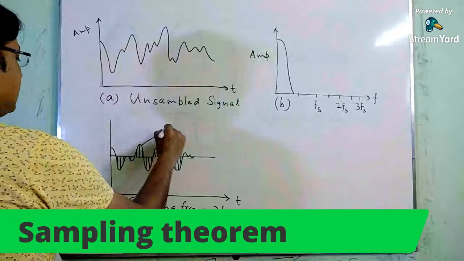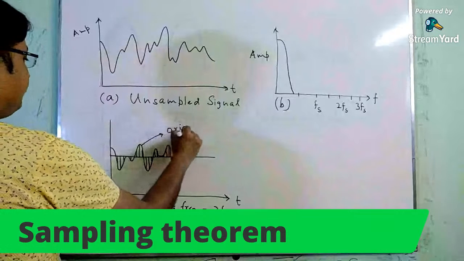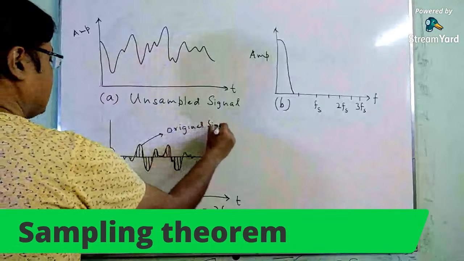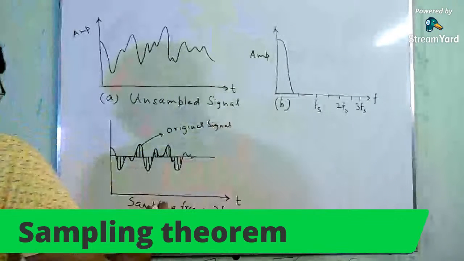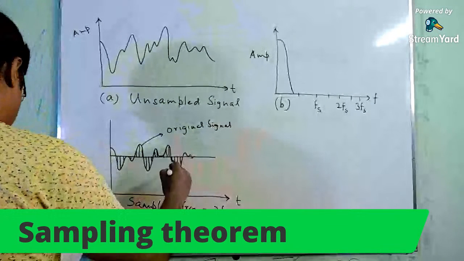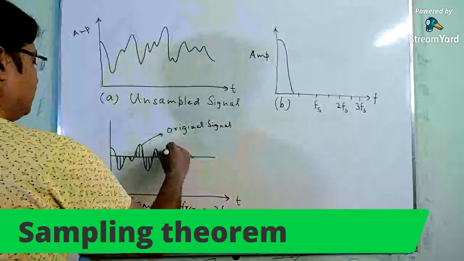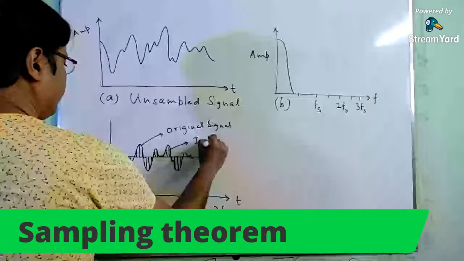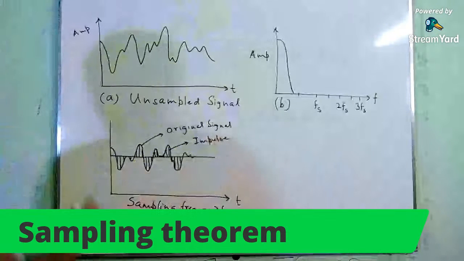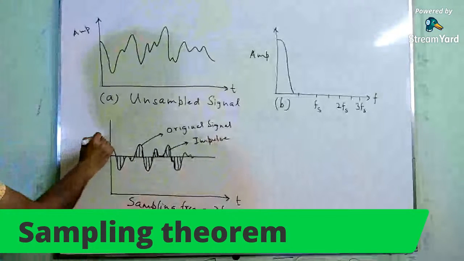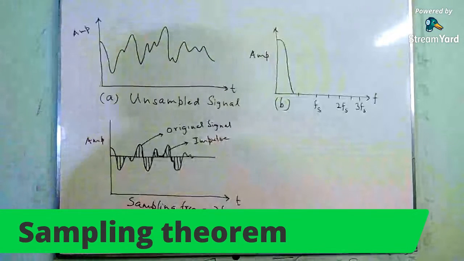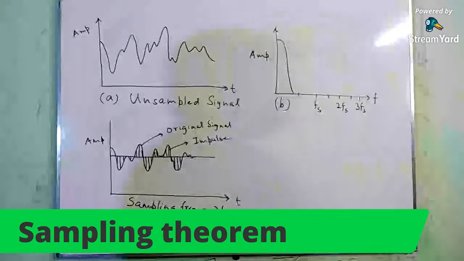This is the original signal, which is shown in figure A, and the vertical lines I have drawn here are the impulses, the sampled values. Okay, so this is the amplitude. Here I have used sampling frequency equal to 3f.